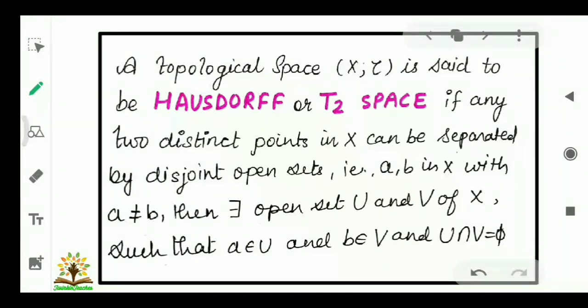That is, A and B in X with A is not equal to B. Then there exist open sets U and V of X such that A belongs to U and B belongs to V, and intersection of U and V is empty. A space having this property is known as Hausdorff or T2 space.